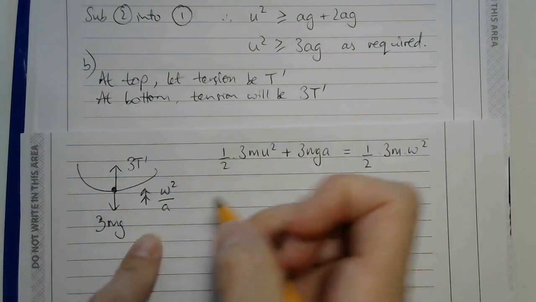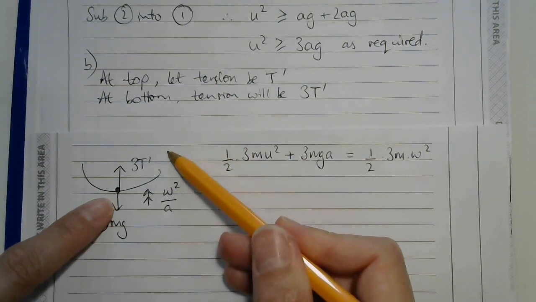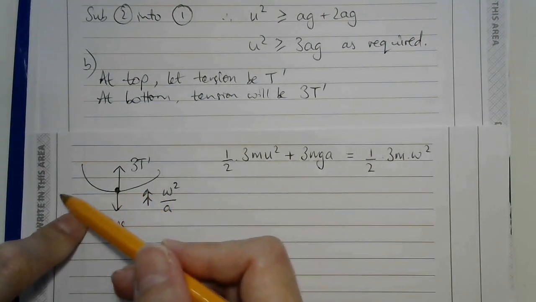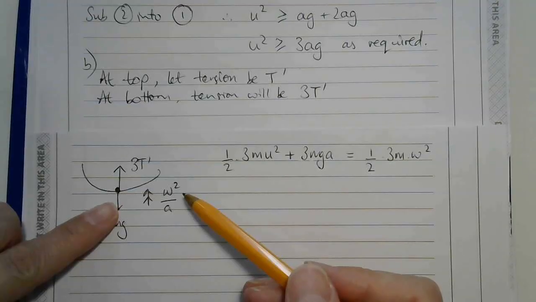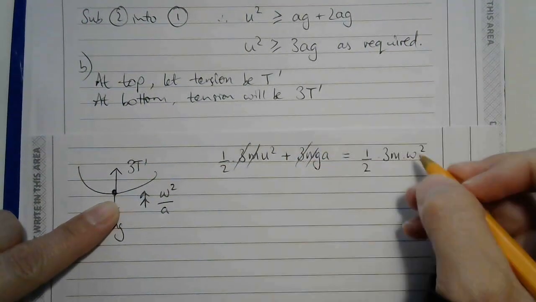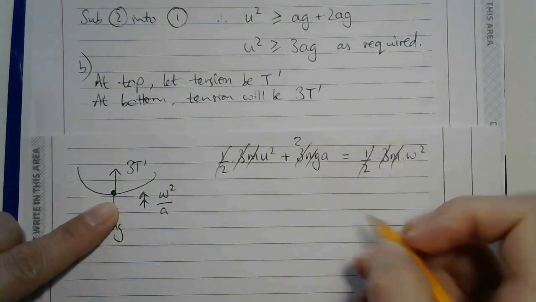So basically, I'm saying that the kinetic energy and the potential energy when it's at A will equal the kinetic energy here. So I'm basically taking this bottom level to have no gravitational potential energy at this point. Okay, dividing through by 3m, I get this, and doubling everything, I get this.